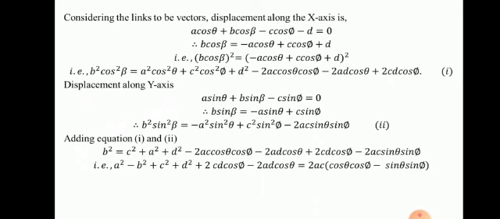Add equations 1 and 2. B square is equal to C square plus A square plus D square minus 2AC cos theta cos phi minus 2AD cos theta plus 2CD cos phi minus 2AC sin theta sin phi.